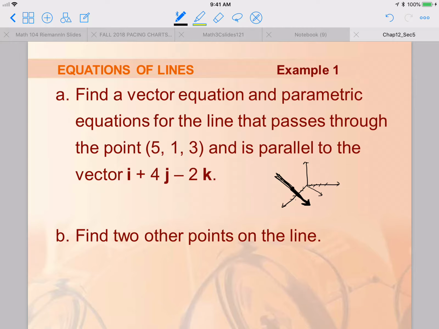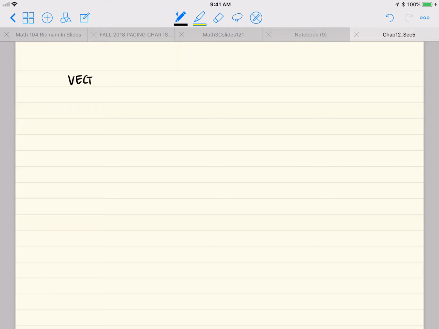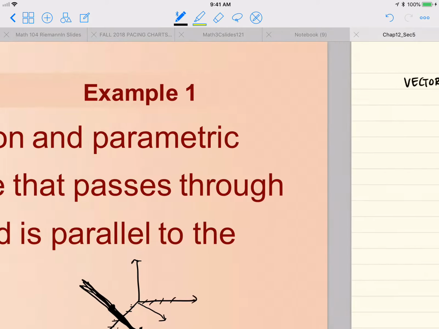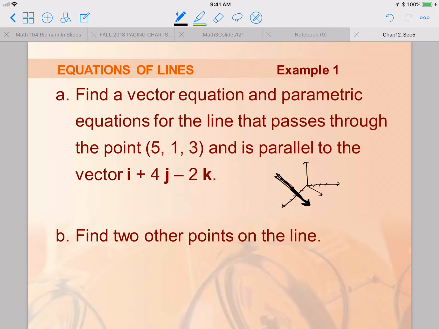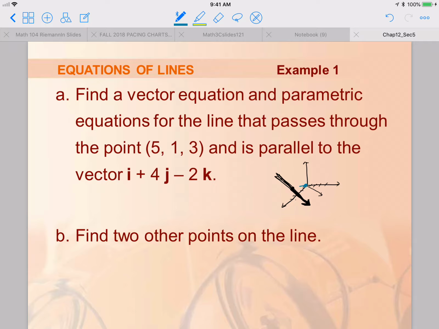Okay, so the first thing we're going to do is for our vector equation, remember we've got our formula, and our formula is r equals r naught plus tv. Now r naught is supposed to be the position vector through the point that we are given, and we were given the point (5, 1, 3). So that corresponds to the position vector 5, 1, 3. So this is going to be our r naught.